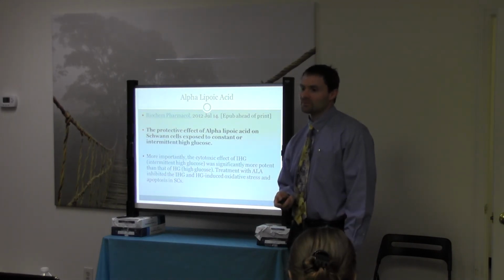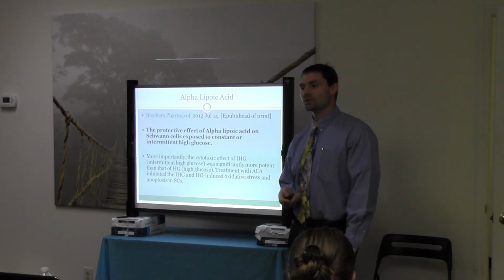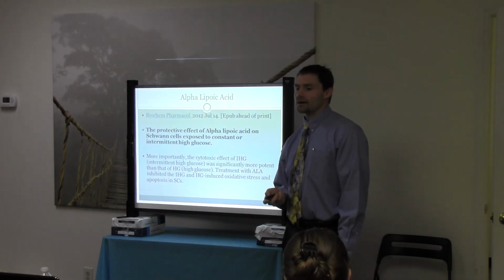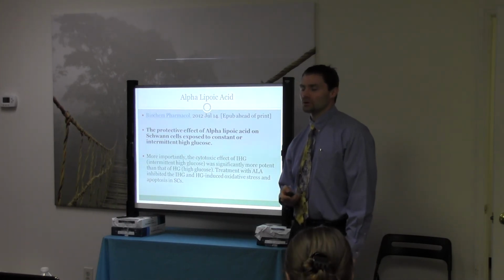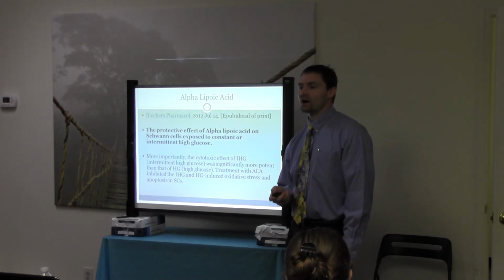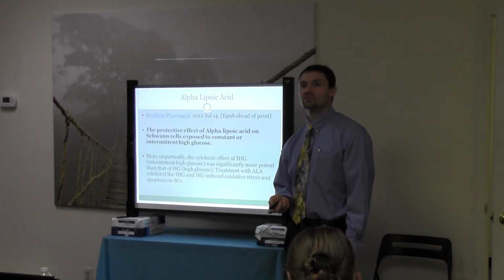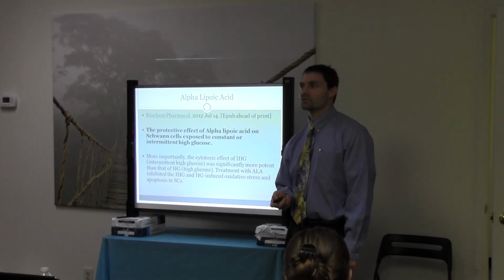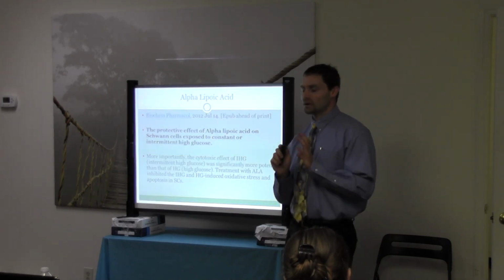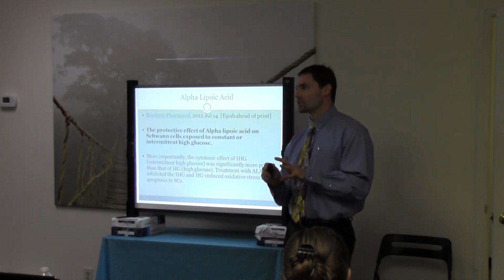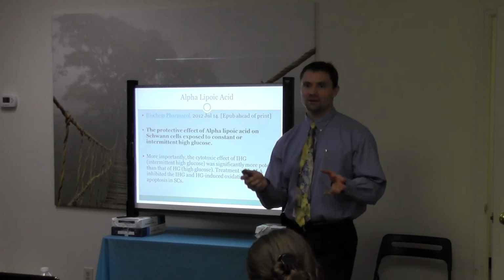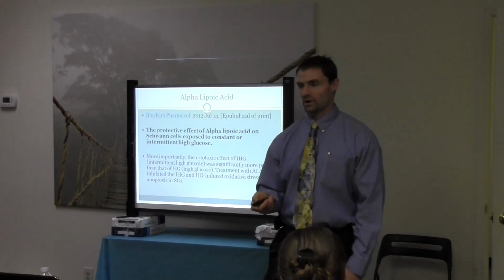But look at the final conclusion on this. Treatment with alpha-lipoic acid inhibited intermittent high glucose and high glucose induced oxidative stress and apoptosis in these Schwann cells. Right? So you're not only promoting the inhibition of this inflammatory process, but you're also protecting this tissue and preventing them from dying as well.